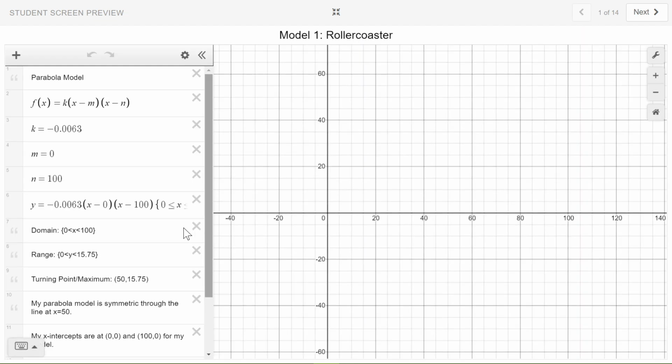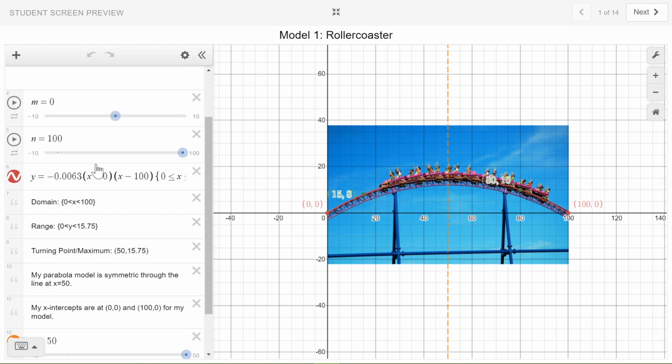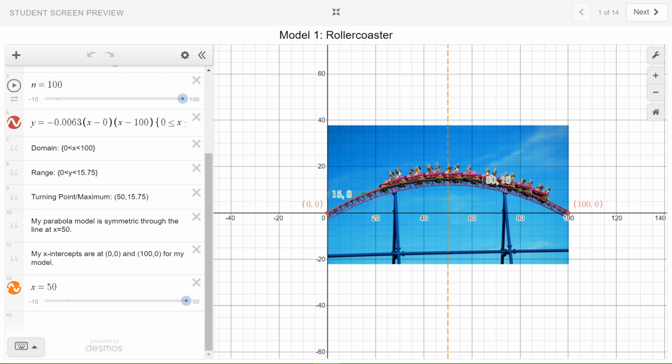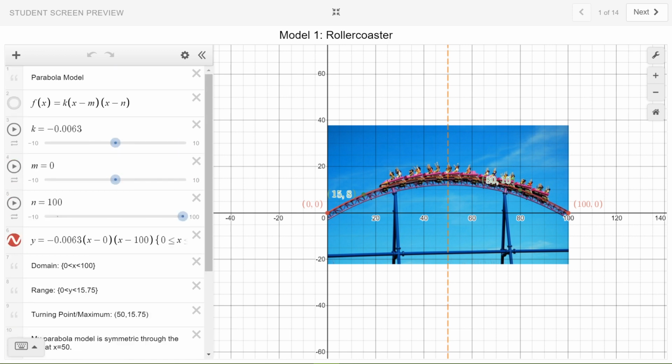But today, all I want to focus on is setting up my system, making really good models, and then writing my domain, my range, my turning point, my symmetry, and my x-intercepts. This is all I need. And this is for my first model.